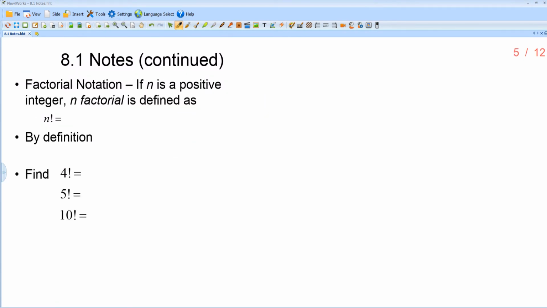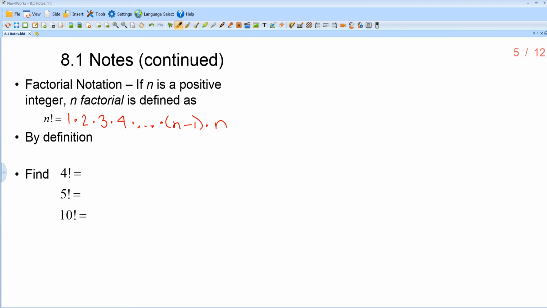All right, factorial notation. So factorial notation, sort of cool, very, very simple. We define it as: if n is a positive integer, n factorial is defined by doing 1 times 2 times 3 times 4 times so on and so forth, times n minus 1 times n.